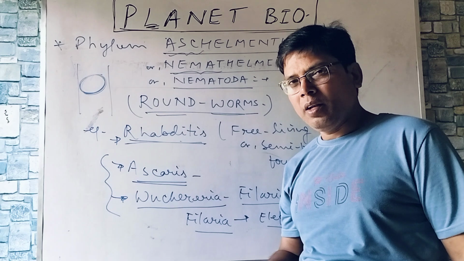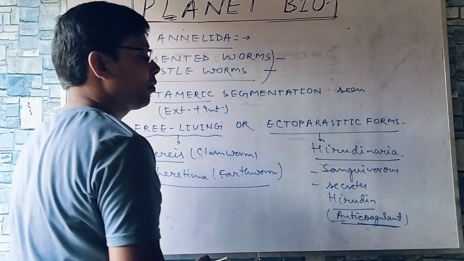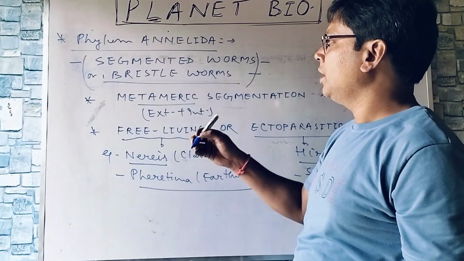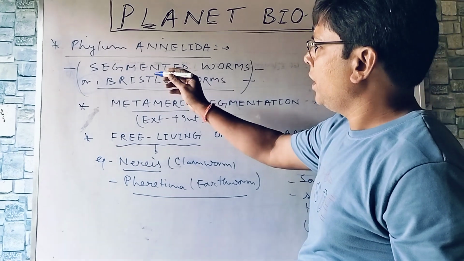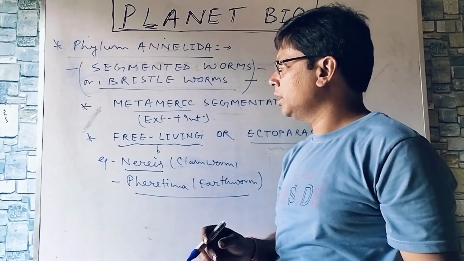Okay, now the next one is phylum Annelida. Here segmented worms are included, or bristle worms are included.